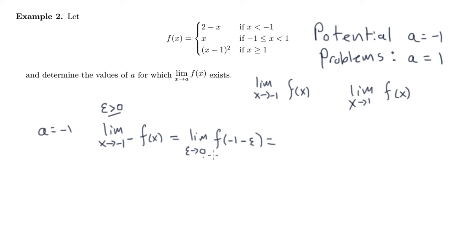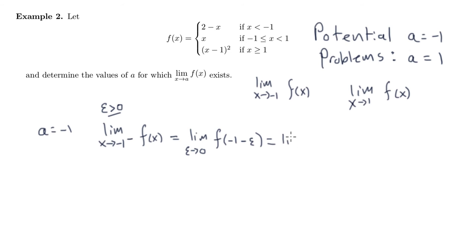And the advantage of doing this is that it tells me which piece of the function I need to look at. Now, if I subtract a positive number from -1, I'm going to be less than -1. So I need to use this top part of the definition.